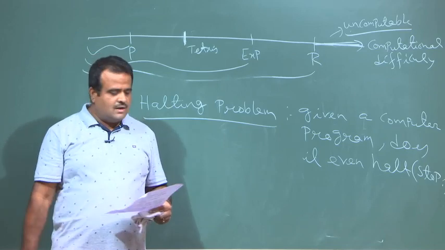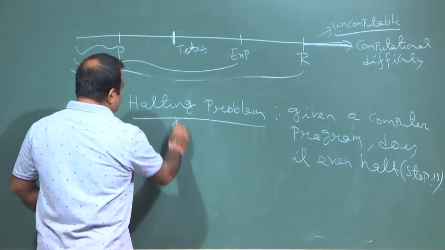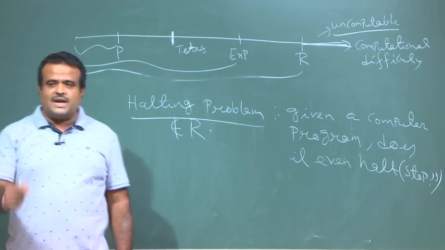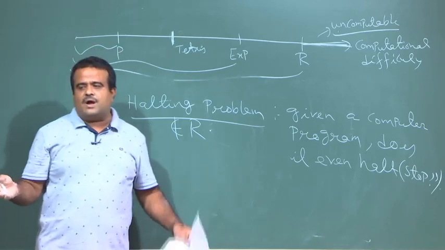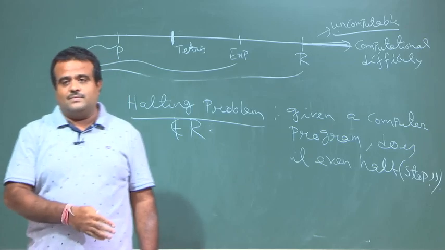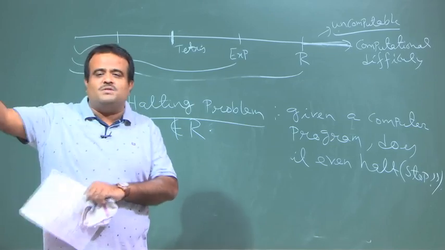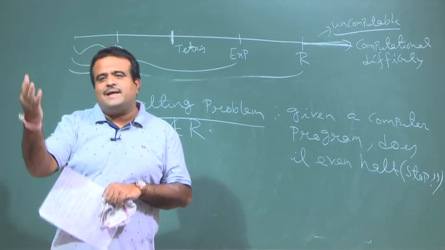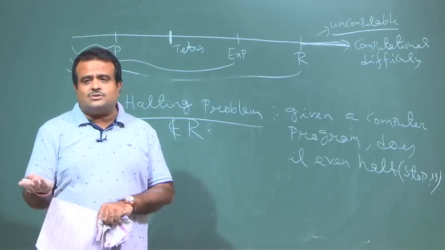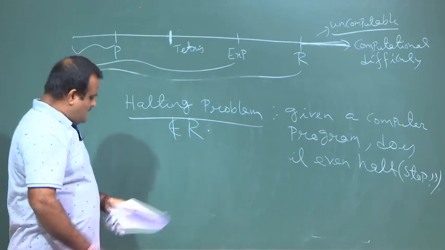That is why this does not belong to R. There is no algorithm which can tell, given an arbitrary program, whether it will halt or not in a finite time. Obviously, in infinite time we can say, because we can run the code and it may go up to infinite time. For infinite time we can run the program and then we can see. But there is no program.